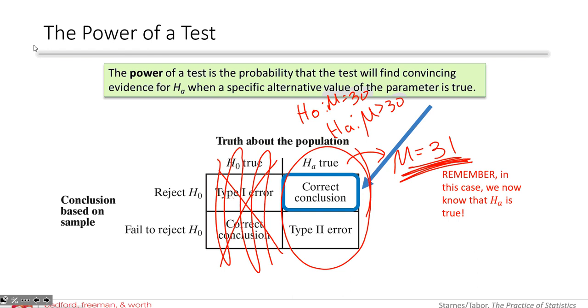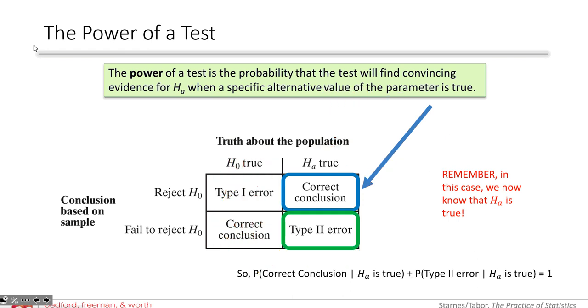Do you follow? So we know that HA is true because this is a conditional. So the probability that I make the correct conclusion, given that HA is true, in other words, the power of the test, plus the probability of a type 2 error, given that HA is true, has to be equal to 1. Now notice, I'm not just saying the probability of a type 2 error. I'm saying the probability of a type 2 error given that HA is true with that specific value.